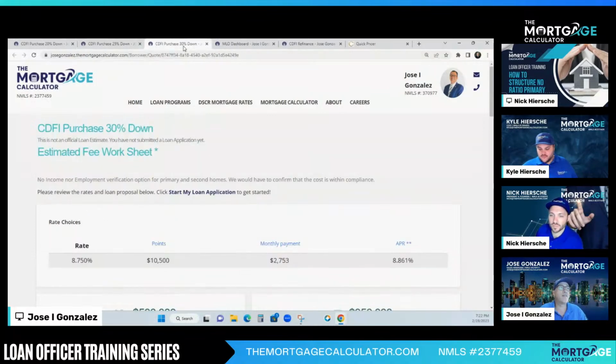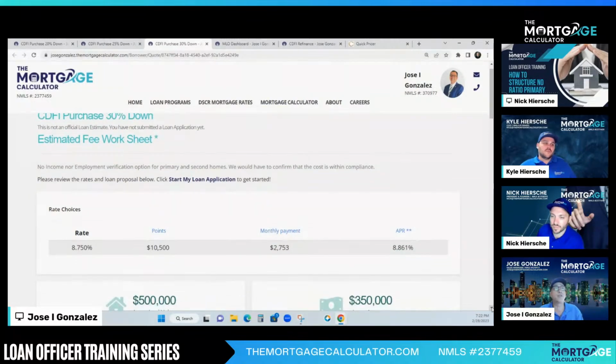And now we have a 30% down purchase. So here at the lower LTV, rate stays the same, cost drops a little bit. Here, our loan amount is $350,000. So what you're looking at there is a cost of 3 points in loan discount.